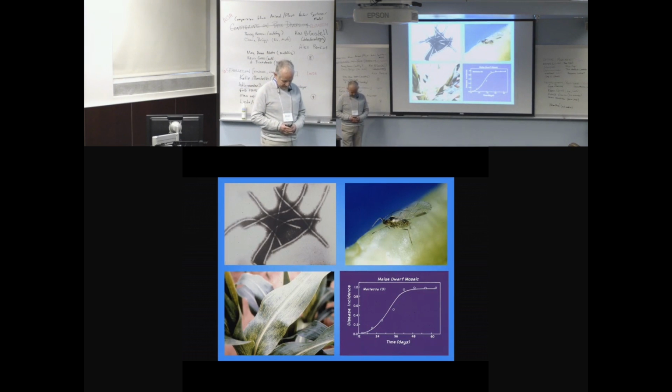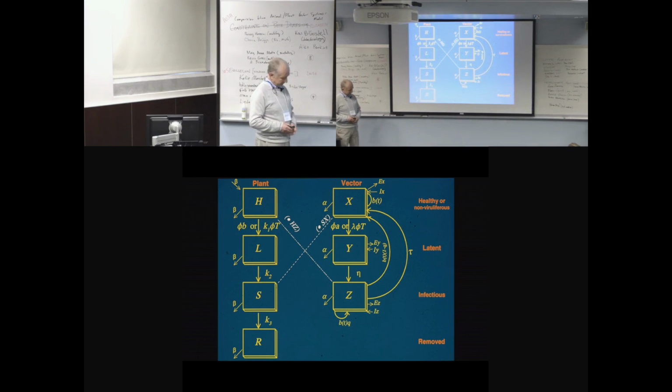But basically, what we're trying to do is to put together information on the virus, the vector, and the plant response to that, and try and turn that into an epidemic curve. This is a nice slide from Larry Madden. If you draw a schematic of how you can model this, on the left-hand side here we have the plant.